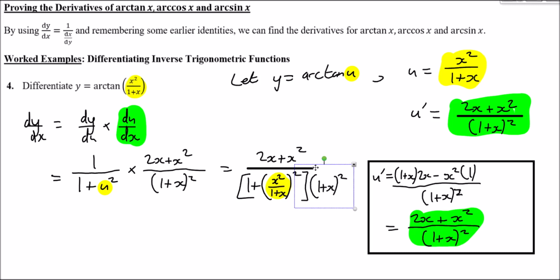Make this fraction line slightly bigger because it doesn't quite encompass all of this horrible denominator. There we go.